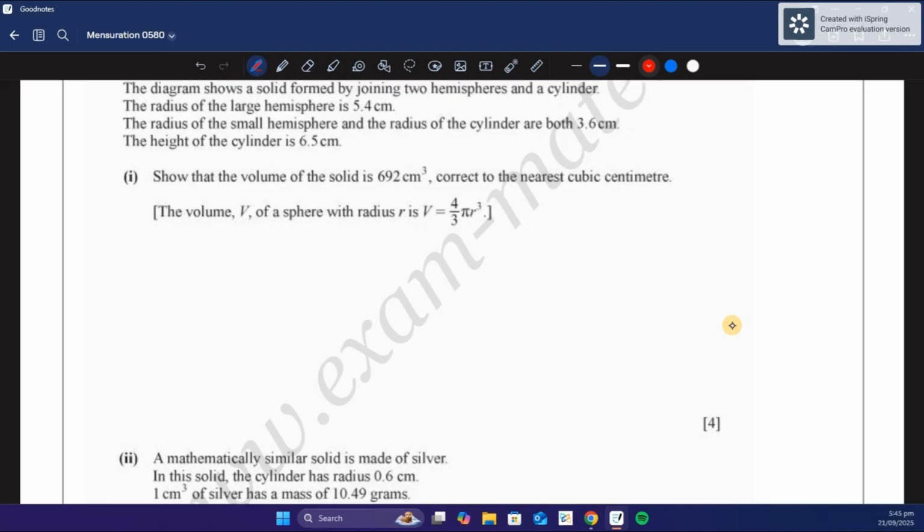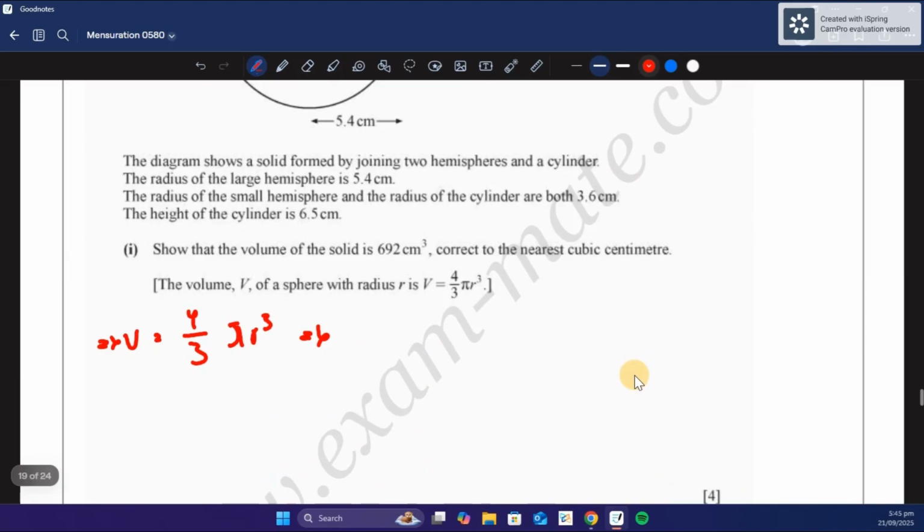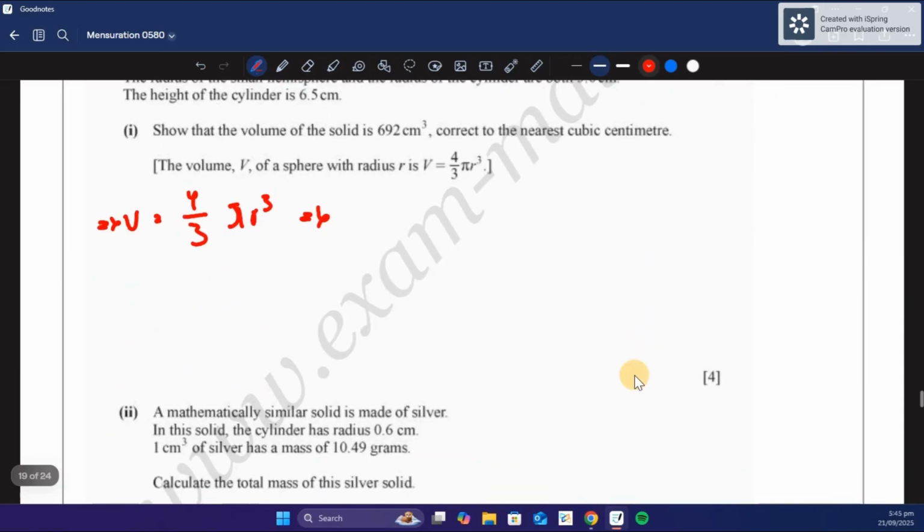Okay, the volume for a sphere with radius r is 4 by 3 pi r cubed. So that would mean, okay, this is half of a sphere.